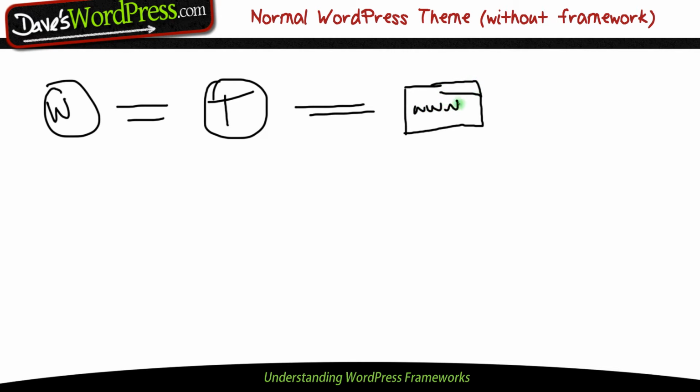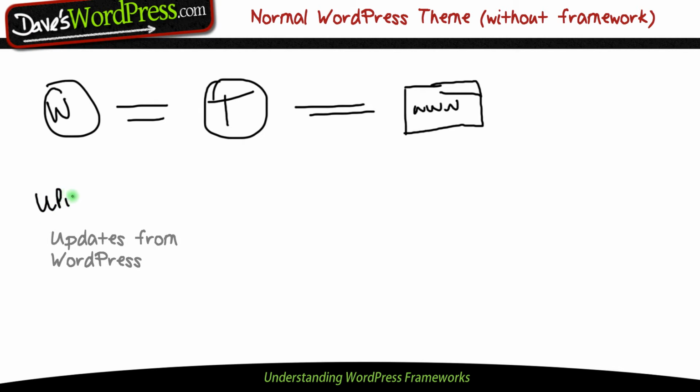Apologies for my rubbish drawing skills. So this is fine, and this is how predominantly most people would operate their WordPress website and their theme customization. What happens is usually from the admin control panel, the WordPress core files are updated.